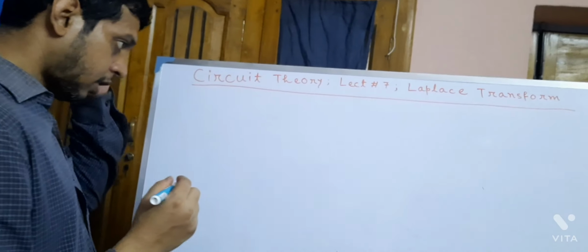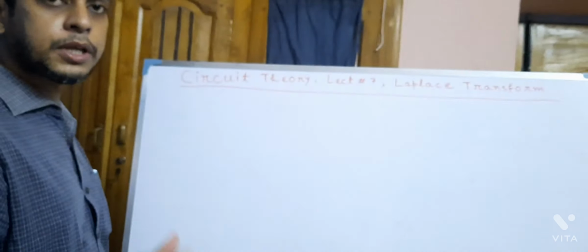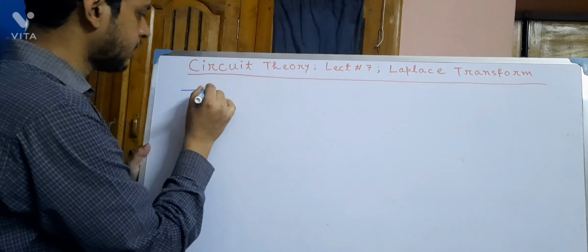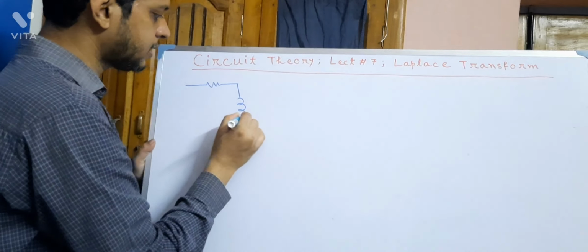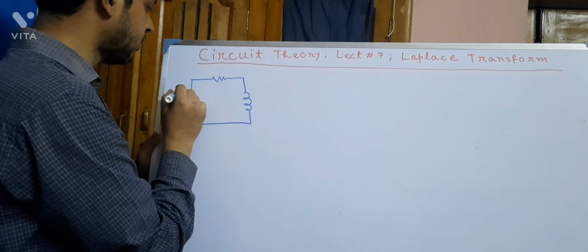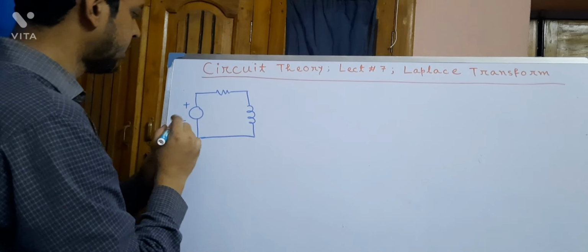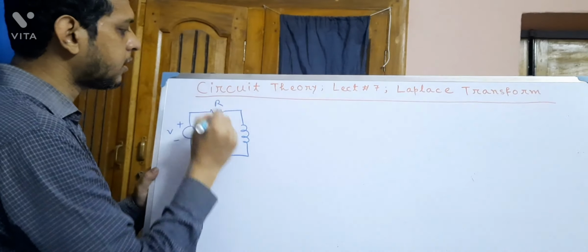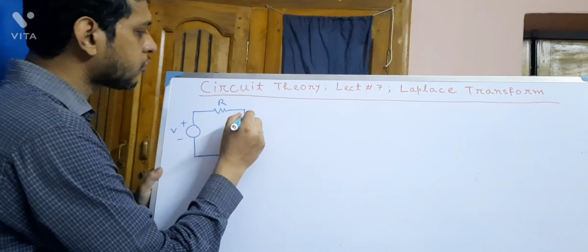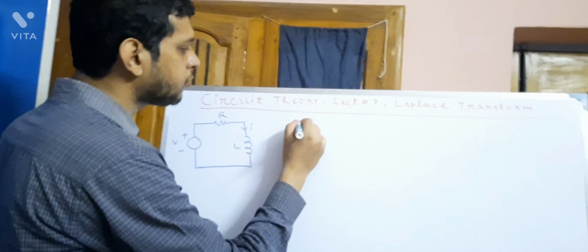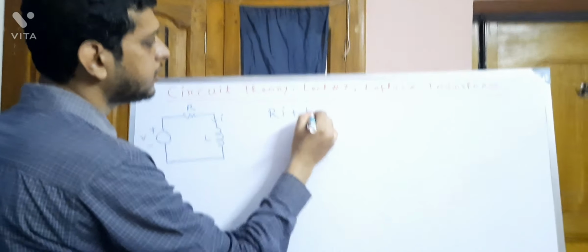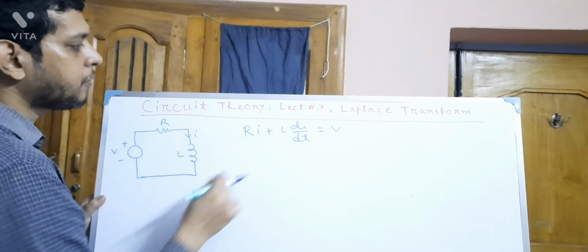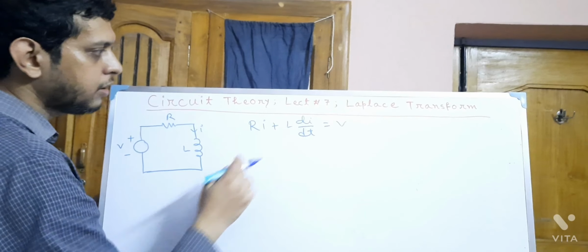Now let us see how to apply the concepts of Laplace transform or transform network in electrical engineering. Let us take one series RL circuit excited by one voltage source V. This is R, this is L. So the governing equation is Ri plus L di dt equal to V. Now definitely this is one differential equation.